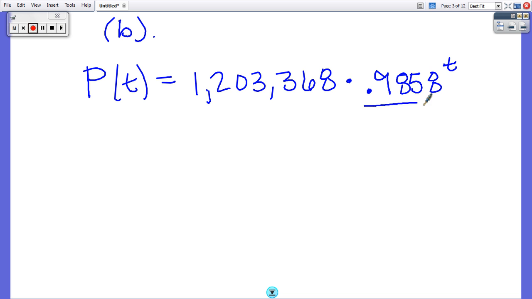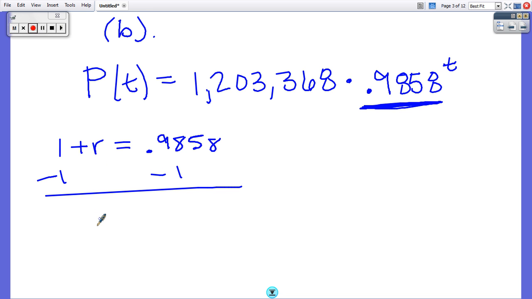So again, this is going to be our 1 plus r value. So 1 plus r is equal to 0.9858. Subtract the 1 from both sides. I'm going to get that r is equal to negative 0.0142. Because my r value is negative, that means that this is an exponential decay function, yes?